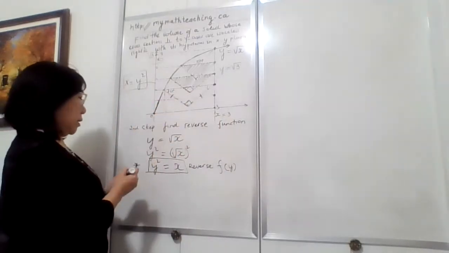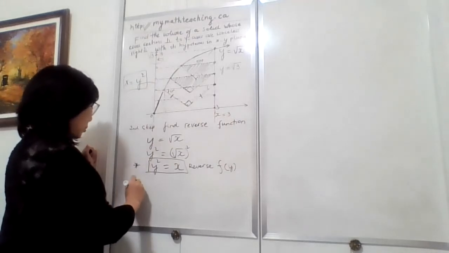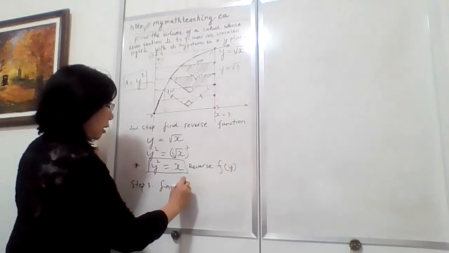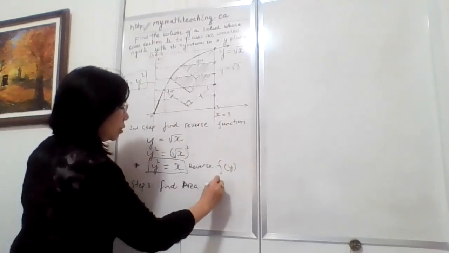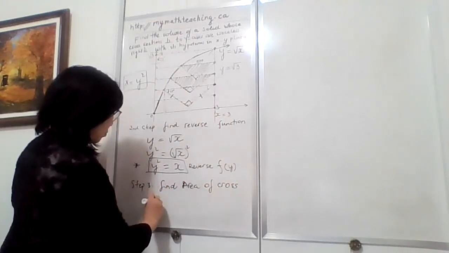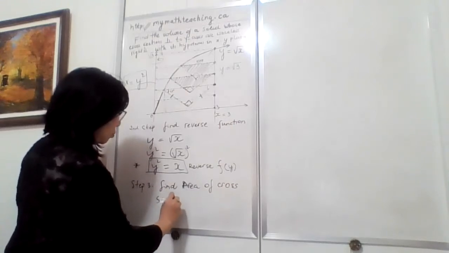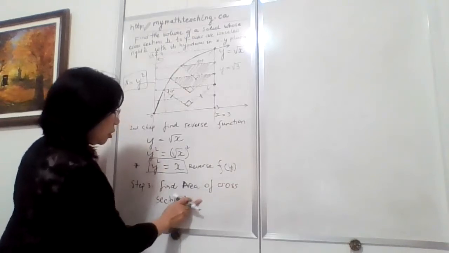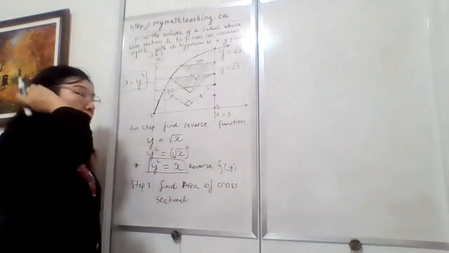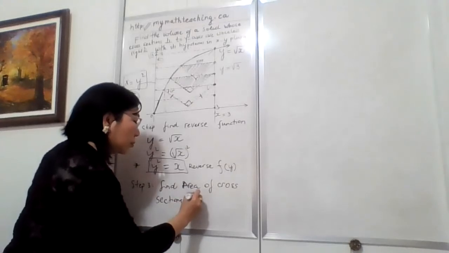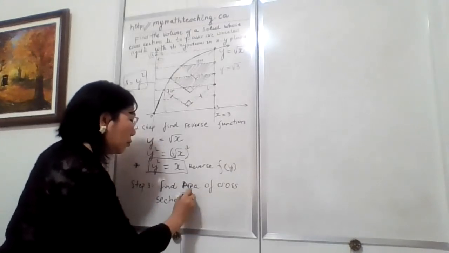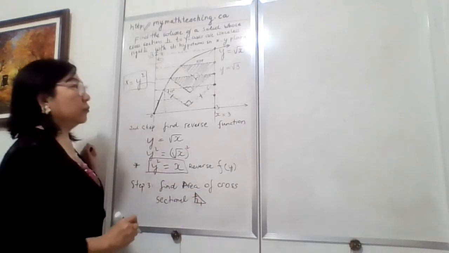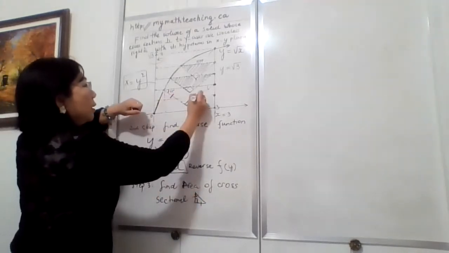So step 3, we have to find the area of the cross-sectional shape. The shape here is not a disc like we did before, but a right isosceles triangle. The side equals the side, okay? So I mark here the side equals the side.